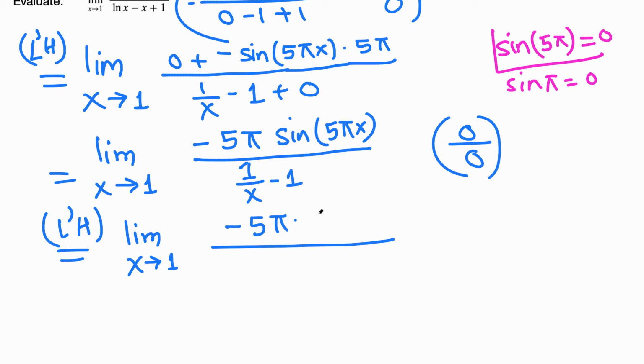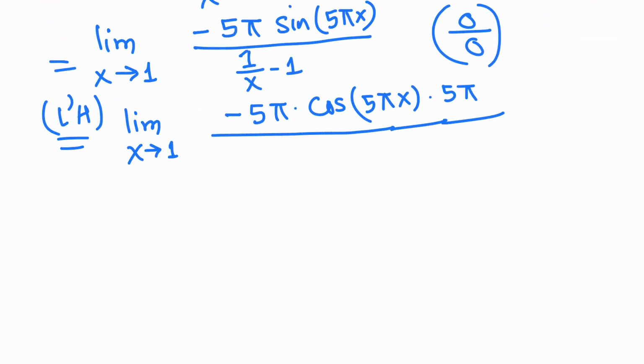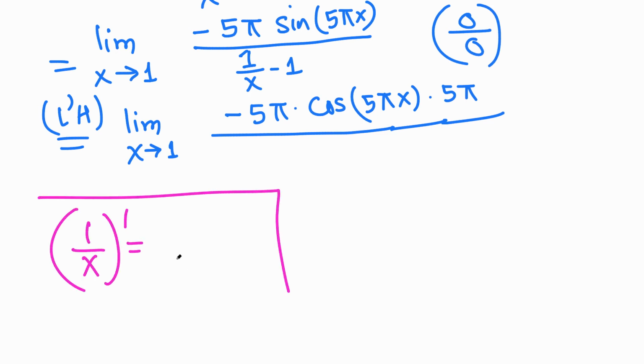The derivative of sine is cosine of pi x, times, from the chain rule, the derivative of the inside, which is pi. On the bottom, 1 over x. Let's find the derivative of 1 over x. You can use the quotient rule.